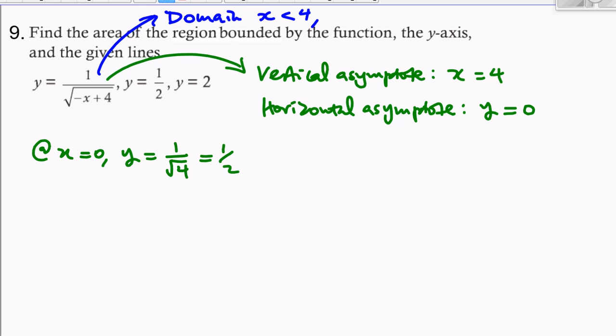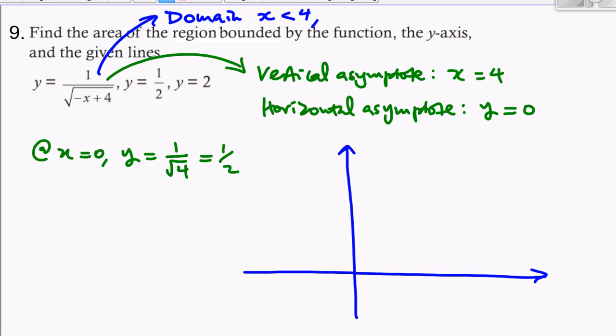Anyway, now that we have all this, we can try and sketch this function. We at least have an idea of how it looks. The vertical asymptote is x equals 4. It exists to the left. It cuts the y-axis at a half.